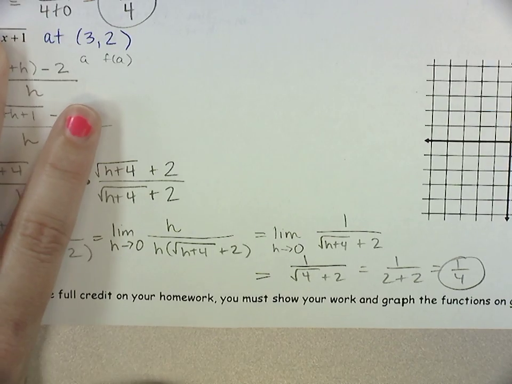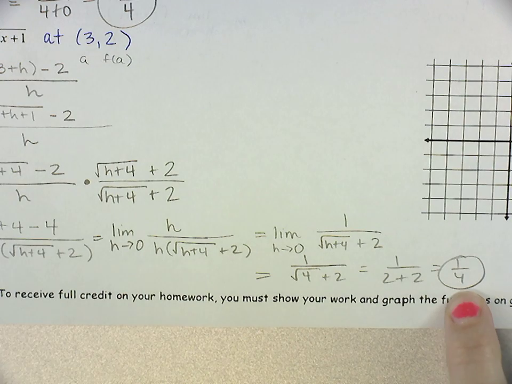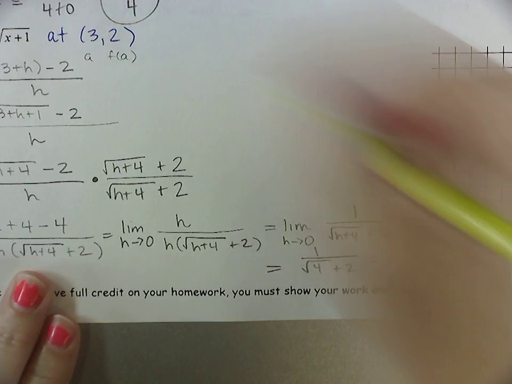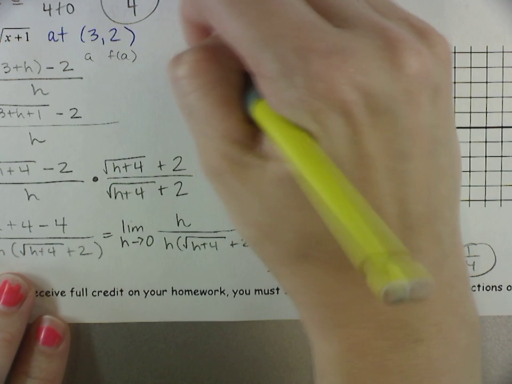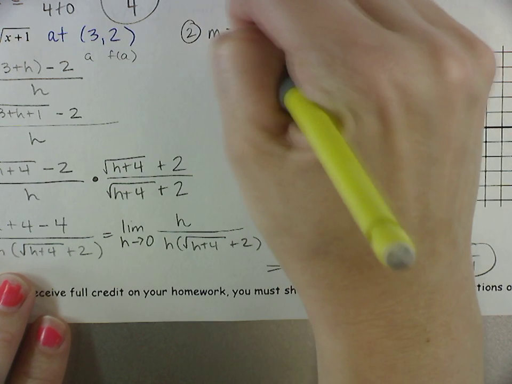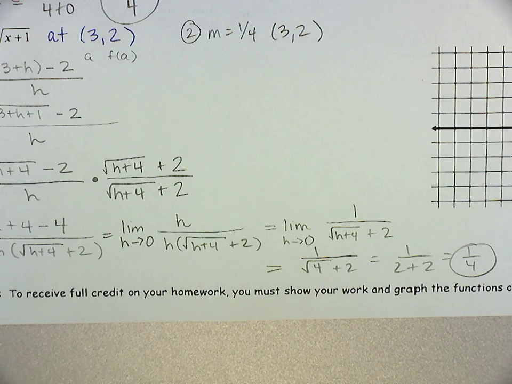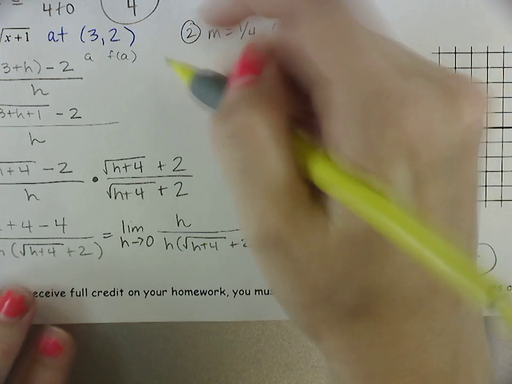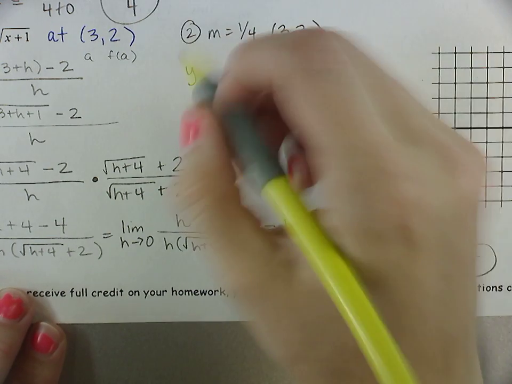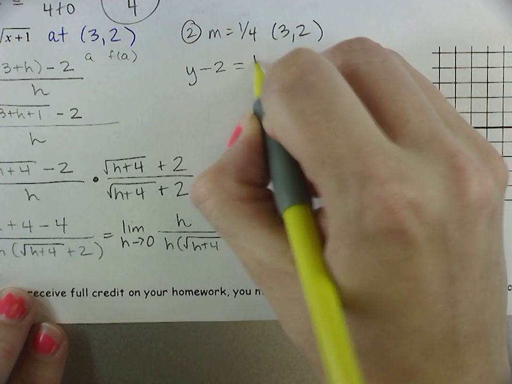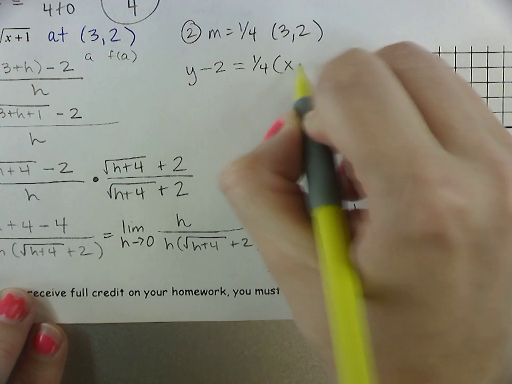I'll post the rest of this online. That's why I'm just going to keep talking. Once you get 1/4, that's going to be your slope. So for step 2, your slope is 1/4 and your point is 3, 2. I'm going to use the point-slope formula.